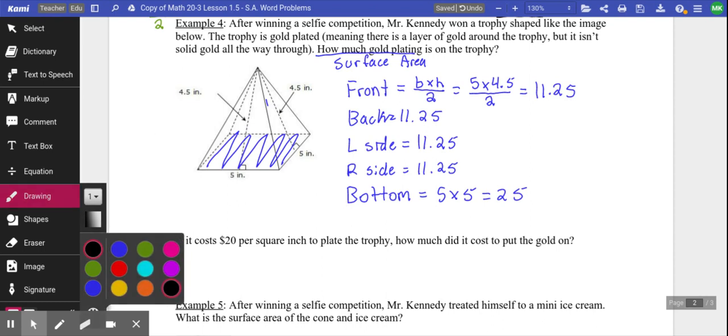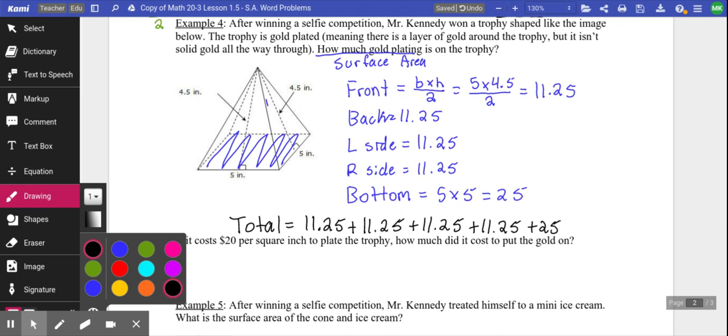So just add all your things together. 11.25 plus 11.25 plus 11.25 plus 11.25 plus 25. It should equal 70. It'd be 70 inches squared.